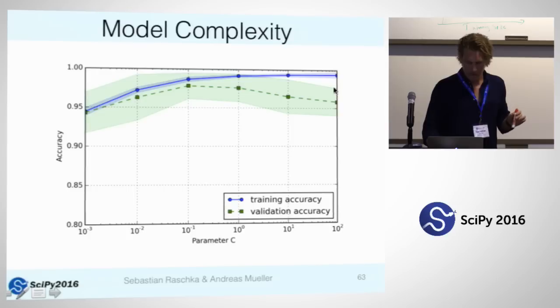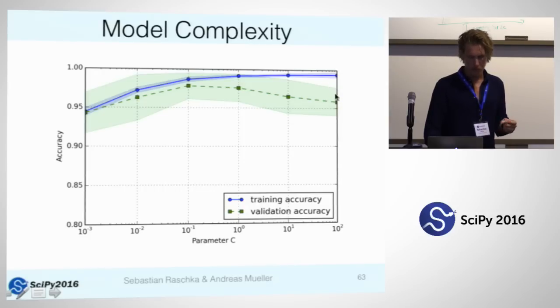Anyway, the training and validation performance is plotted against this value of the parameter C. The higher the value of C, the less regularization you get, and then you tend to overfit more, because your model becomes too complex.